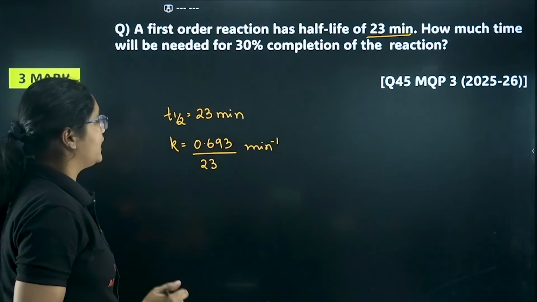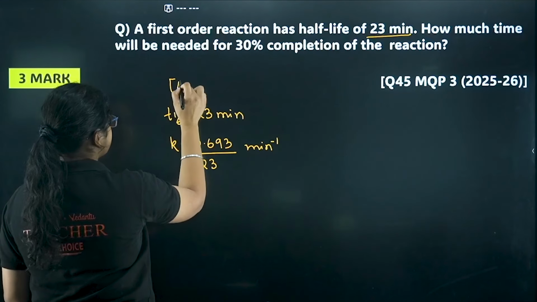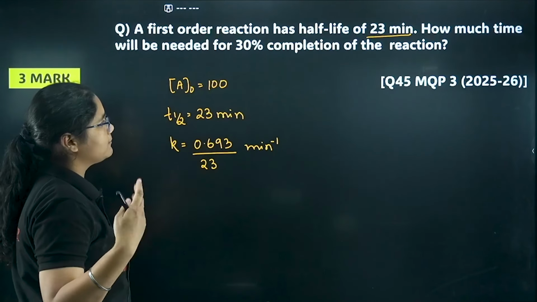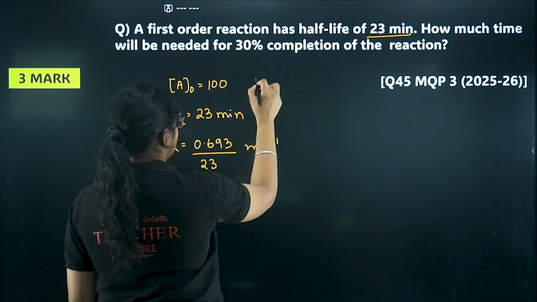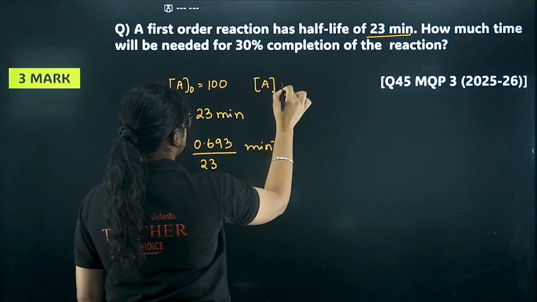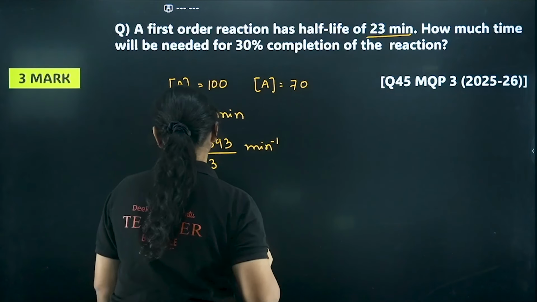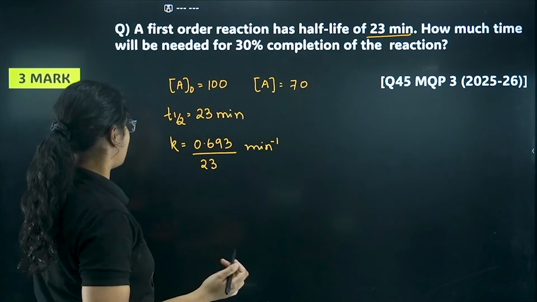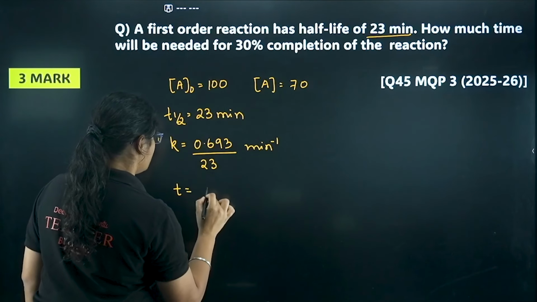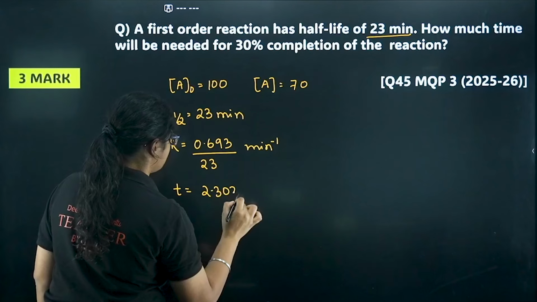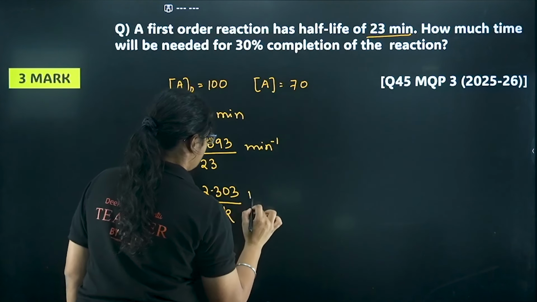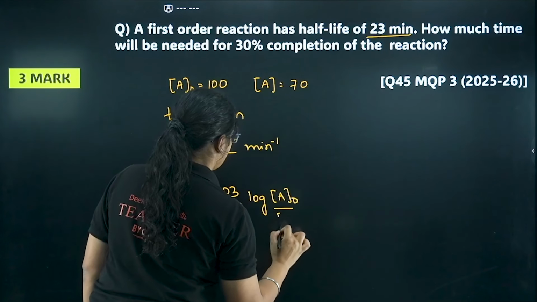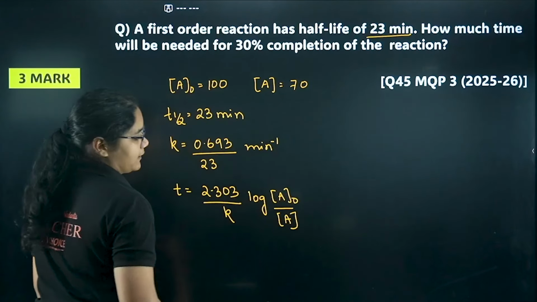Now the A naught value, what is the initial concentration? It is 100. Now if 30% of the reaction is completed, then what is the A value? It is 70. Okay, so now what I have to calculate here is time. So time is equal to 2.303 by K log of A naught by A, right?